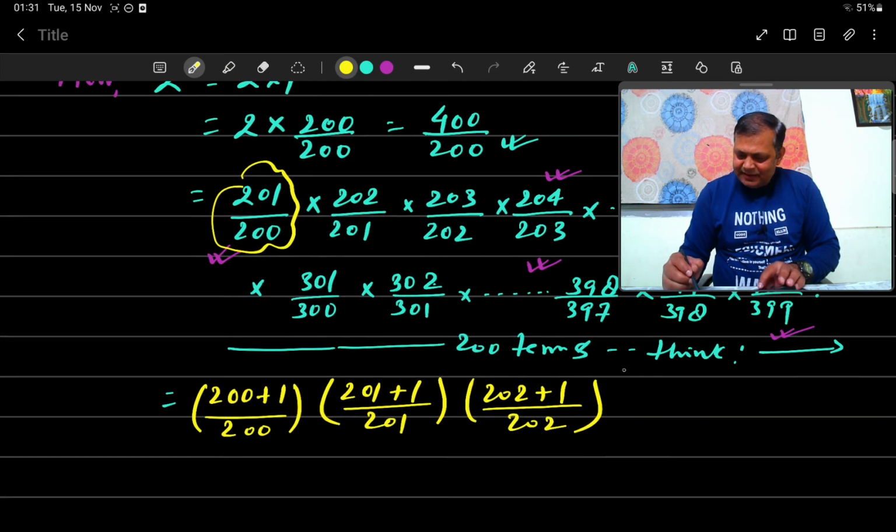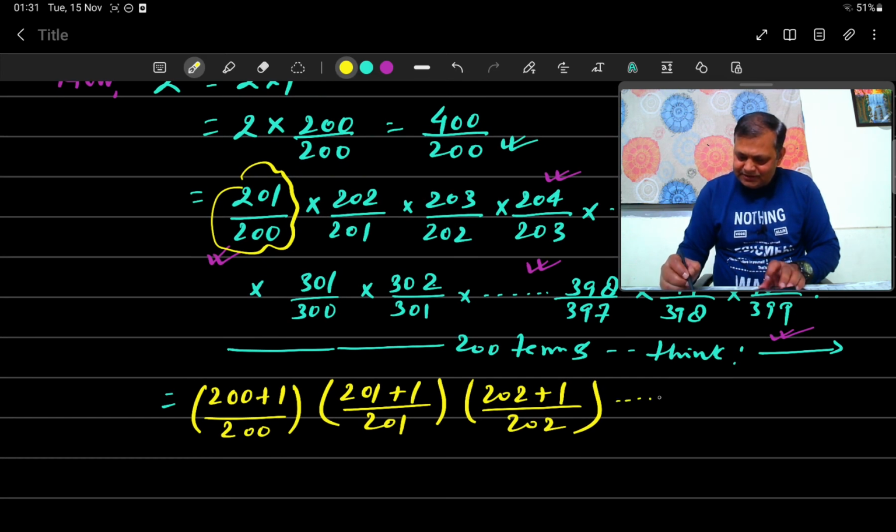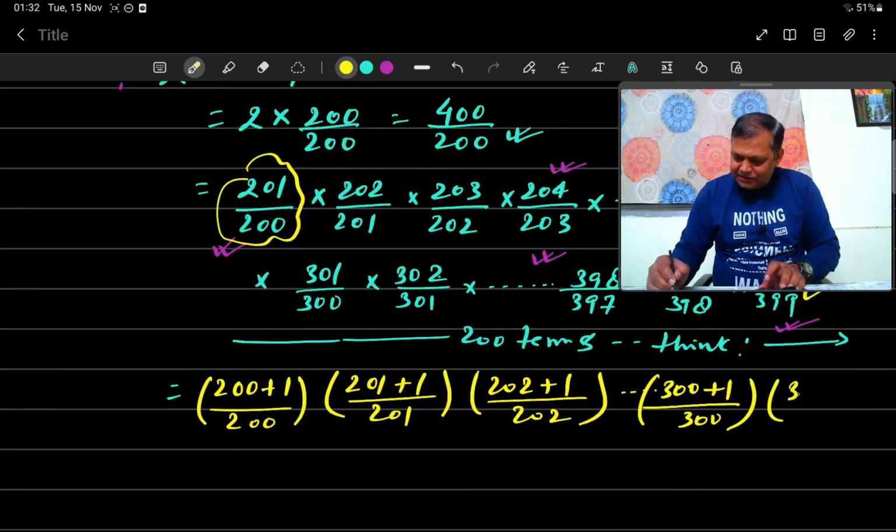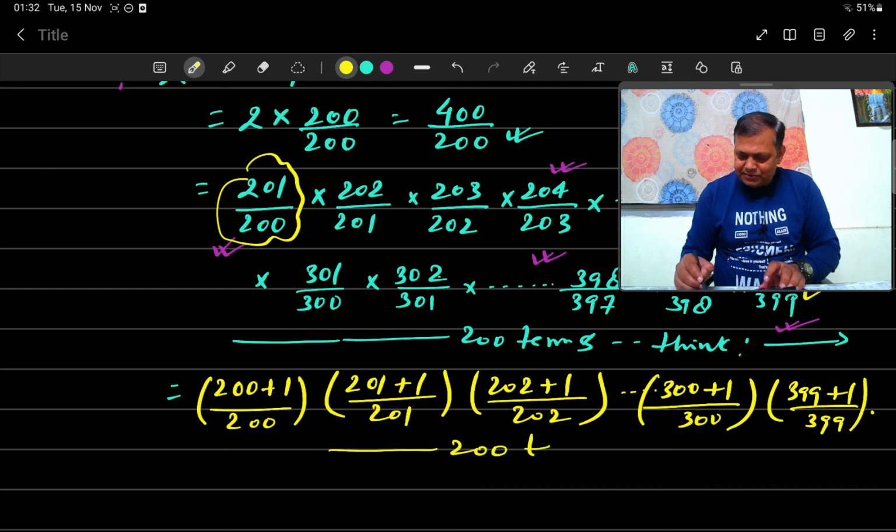And so on, 300 plus 1 divided by 300. And similarly, the last term you can write as 399 plus 1 upon 399. Last term. Remember there are 200 terms here.